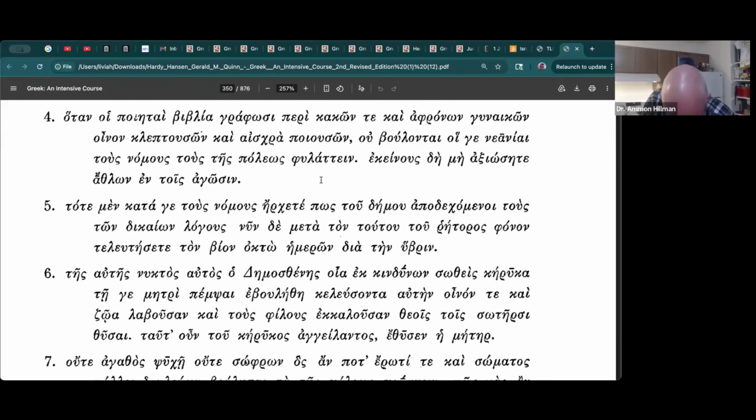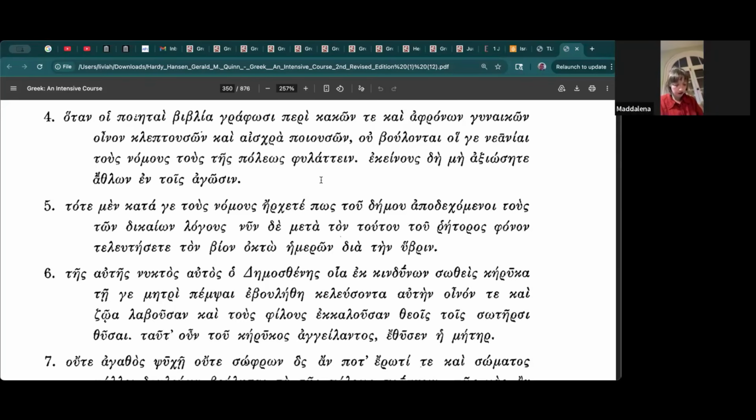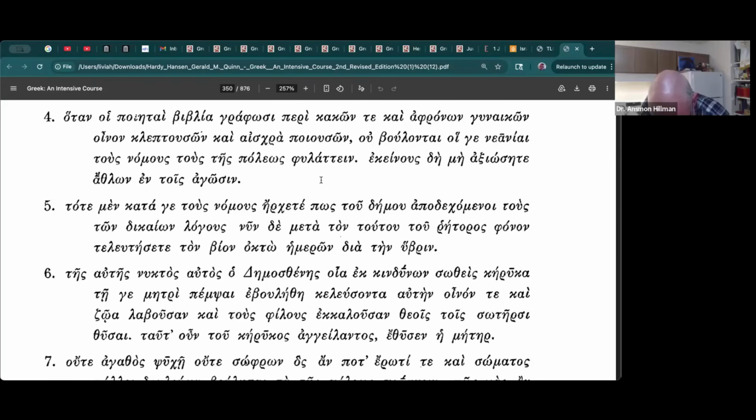No. Okay, go to page 320. Go to number 2, halfway down. It says present general. This is what I'm looking at. I'm sorry, I should have been more specific. Right, but I'm asking you, what is the verb of the main clause?